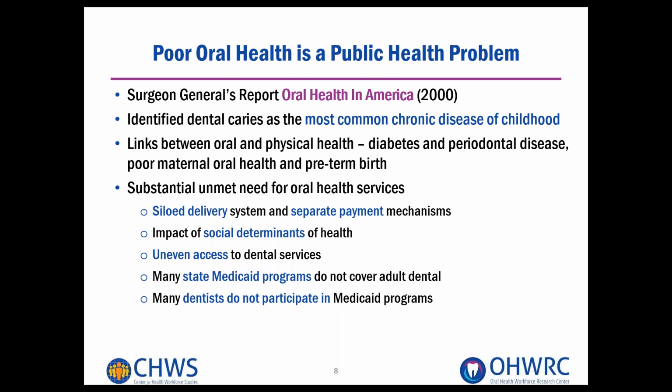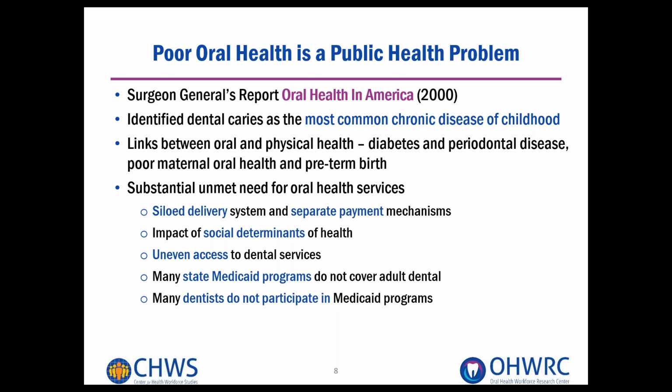One is that delivery systems tend to be siloed, so you have dental services available in one place and, say, primary care and behavioral health services in other places. There are separate payment mechanisms. There are many people who have health insurance but don't have dental insurance.